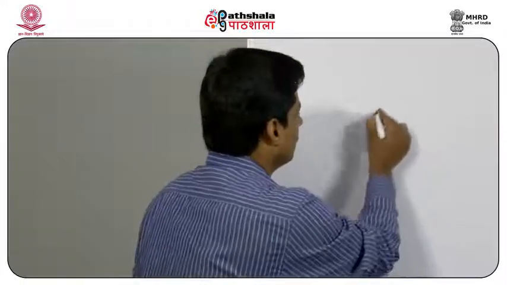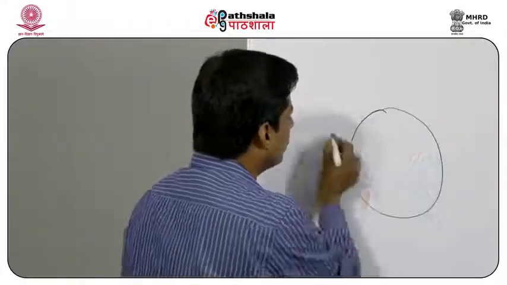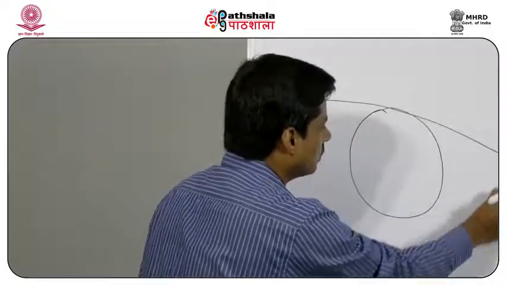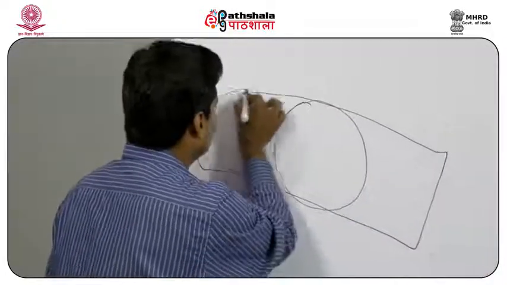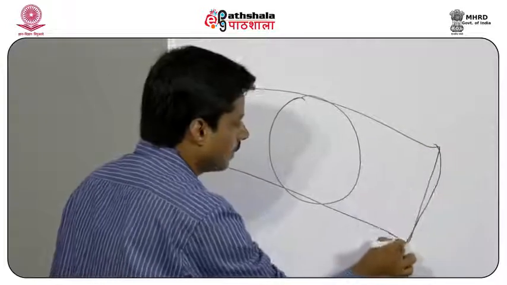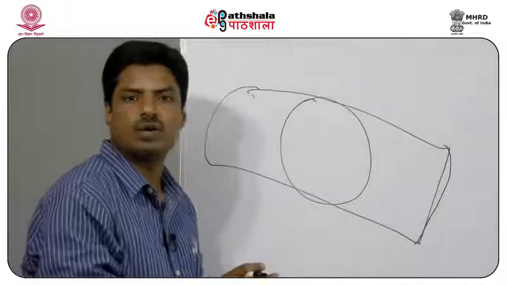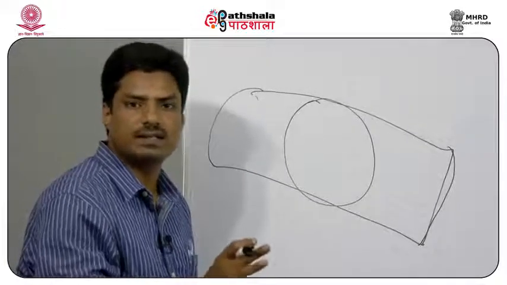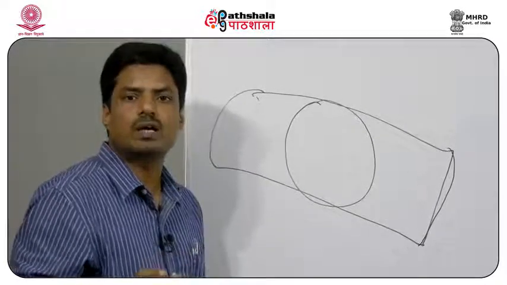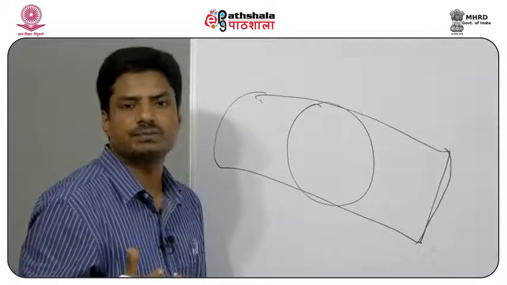In transverse Mercator's projection, we place the cylinder a little bit tangent. You will be clear about it with the help of this diagram. This is the globe, and suppose we have a cylinder around this like this. By placing the cylinder or the plane surface like this, we will be able to overcome the exaggeration.